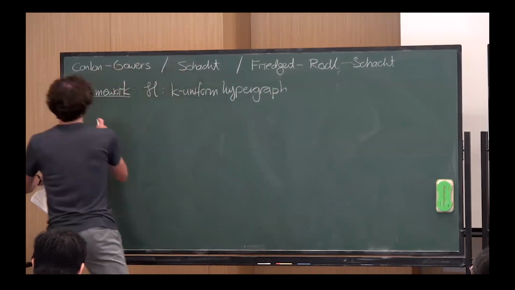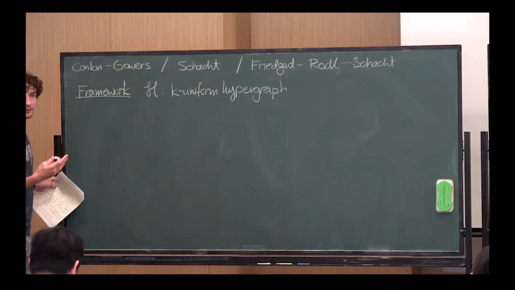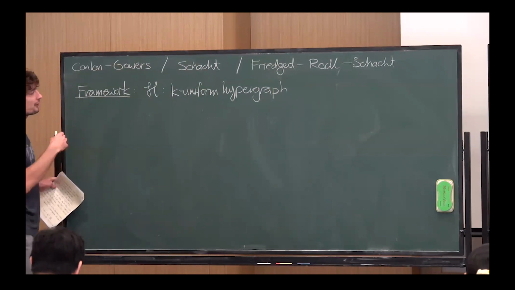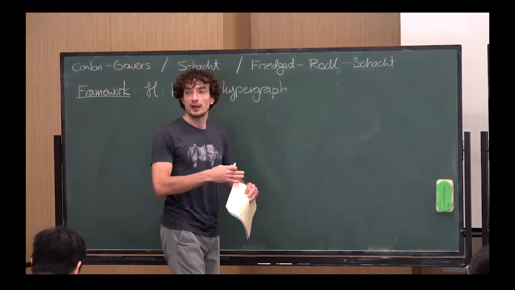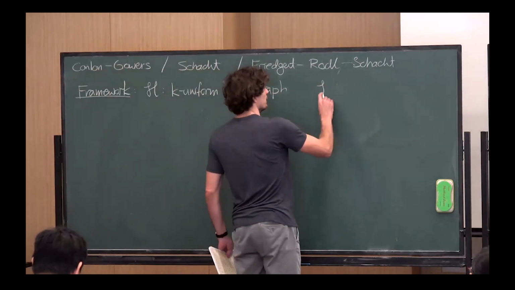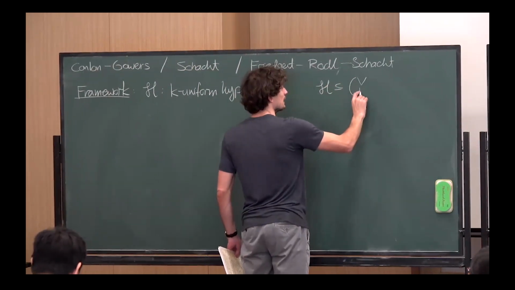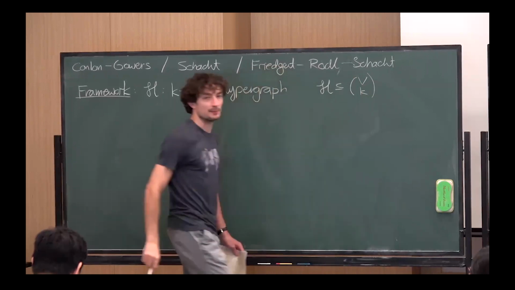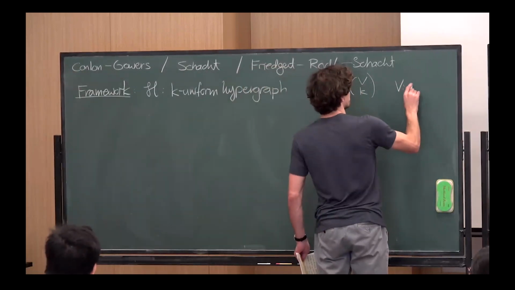Then once you have a hypergraph, you can speak about independent sets in such a hypergraph, which are just subsets of vertices of the hypergraph which don't contain any of its edges or hyperedges. So the hypergraph, you can simply think of as some collection of k-element subsets of some finite set V.